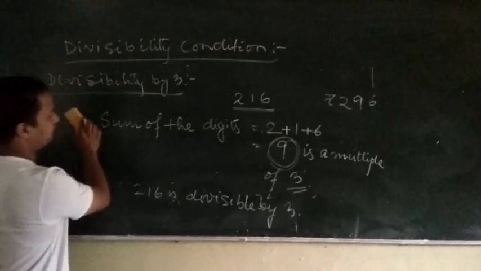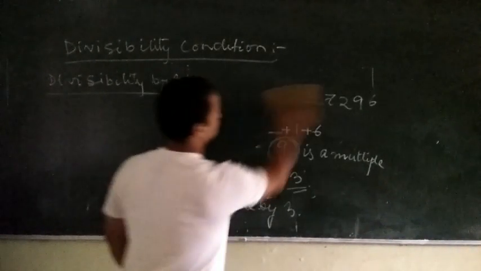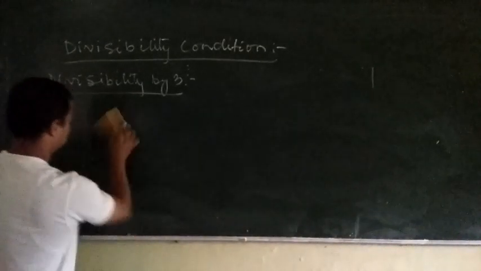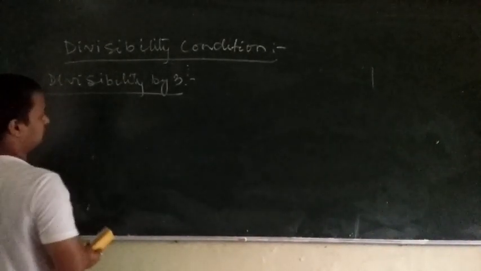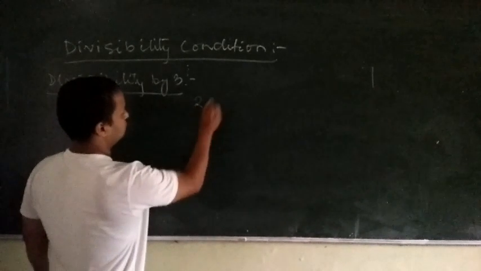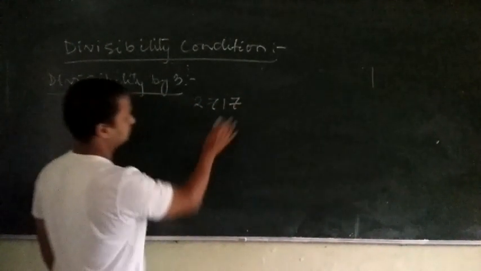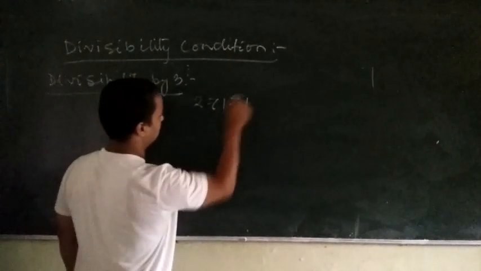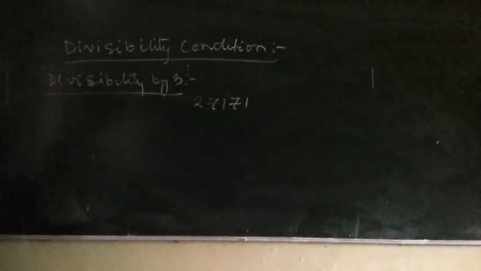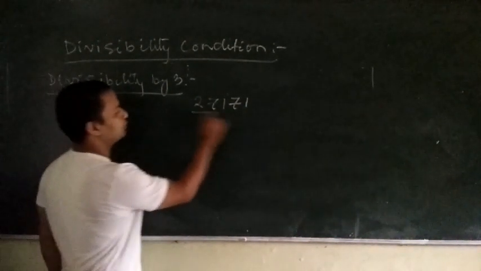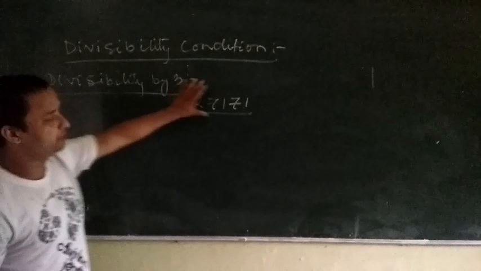Let us take another example. Say 27171. Without dividing, how could you check whether this number is divisible by 3 or not?